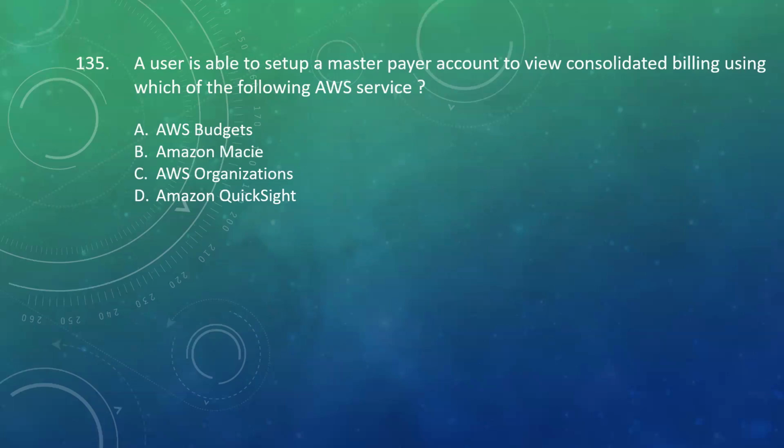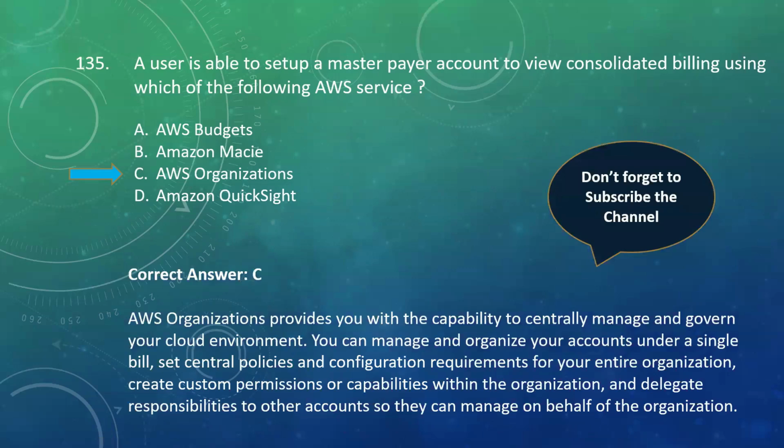The correct answer in this case is AWS Organizations because it provides you with the capability to centrally manage and govern your cloud environment. AWS Budgets is the simplest way to monitor your AWS spend and be alerted when you exceed or are forecasted to exceed your desired spending limit, which is not what is asked in this question.